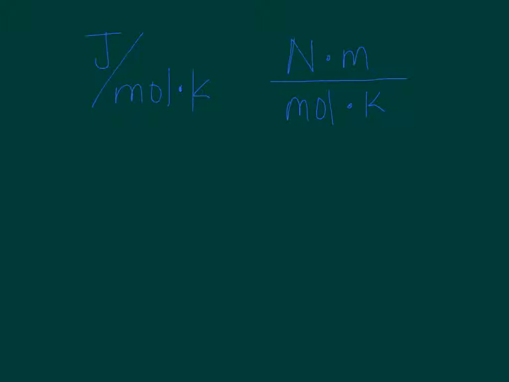So what we could look at this as being is a Newton times a meter is a joule, which we also have defined as work. So it's the amount of energy per mole of substance per Kelvin, per change in temperature. So keep that in mind. I'm not going to go into it in more detail than that, but to think about the amount of energy per mole Kelvin. What does that essentially mean?